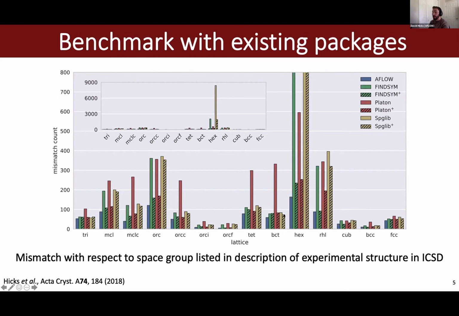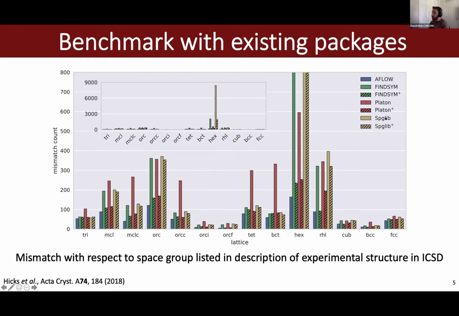And so here we've plotted the number of mismatches, so when experiment and the space group calculator don't agree. And so in this case, you can see AFLOW, which is this blue box here, has the smallest number of mismatches with respect to experiment. So it's the most consistent.